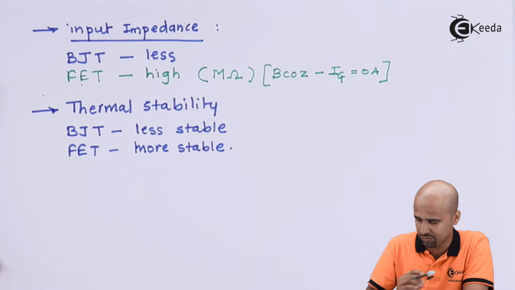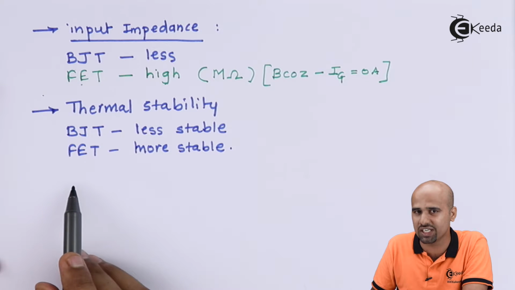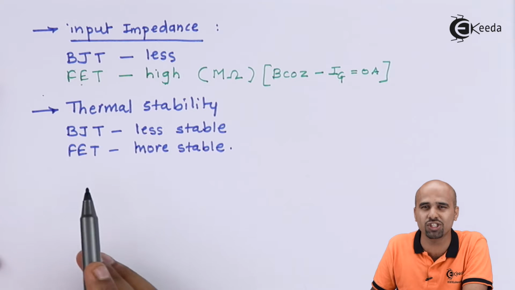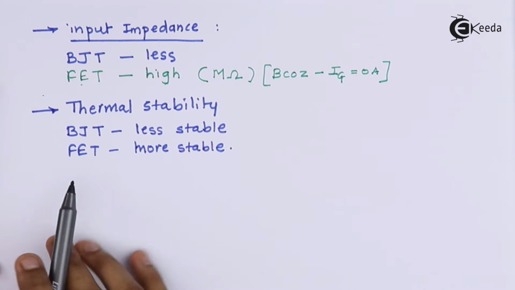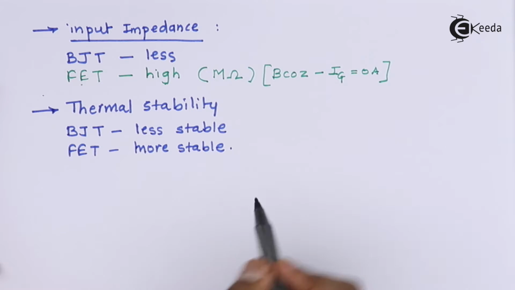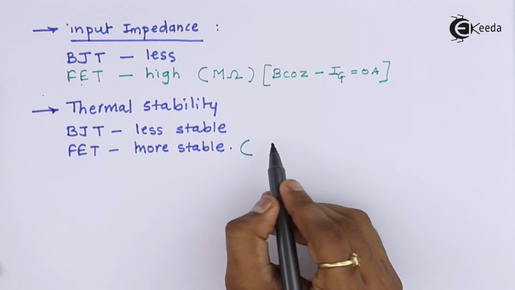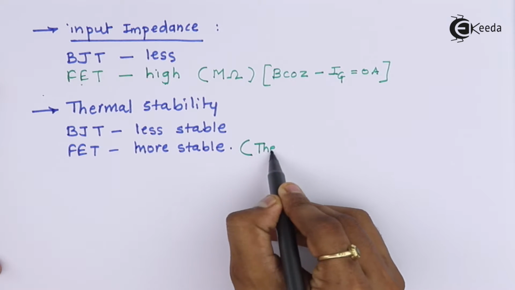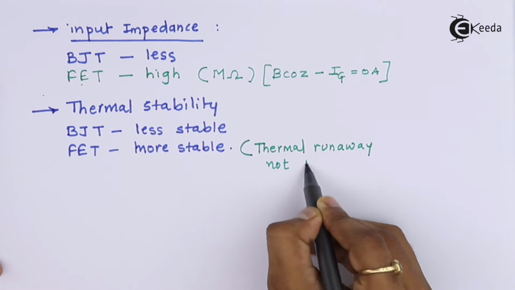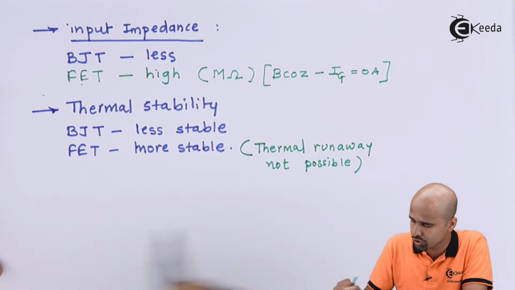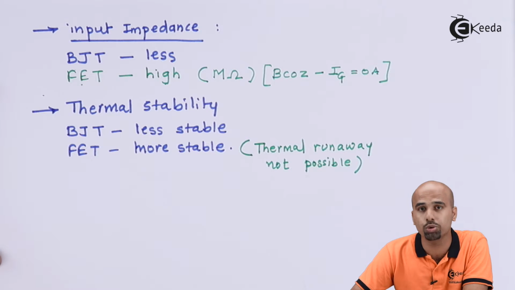But FET is a unipolar device, so that much responsibility of minority carriers is not there. So in FET it is more stable, and I can say that the thermal runaway concept is not there. That's why it is more immune to temperature.